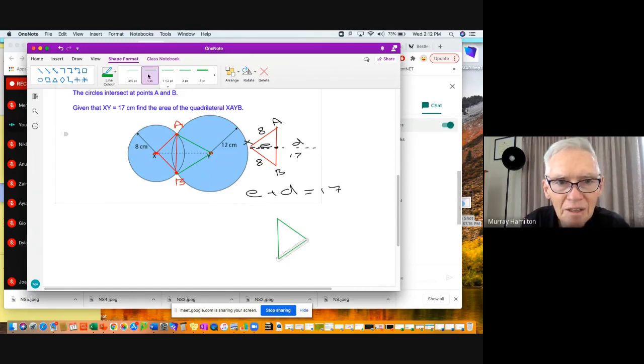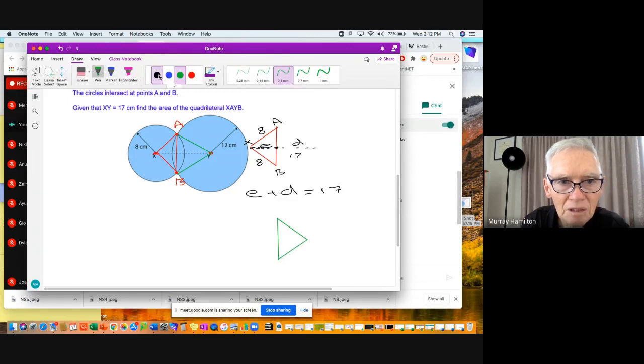Now let's label the sides of our triangle. So let's go back to draw, and we'll get a black pen. This side here is 12. That's the side from Y to A. And there's B. And this side here is 12.